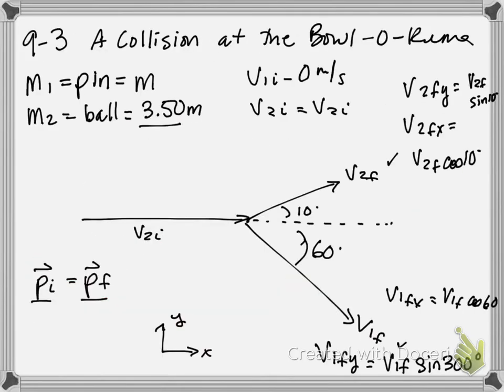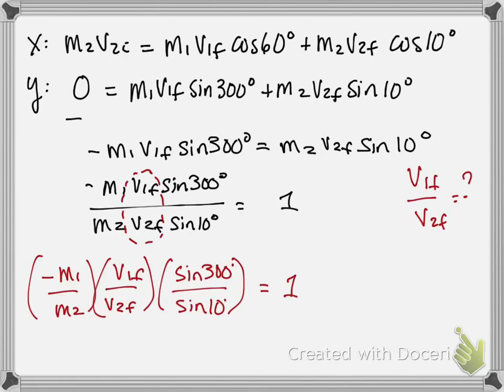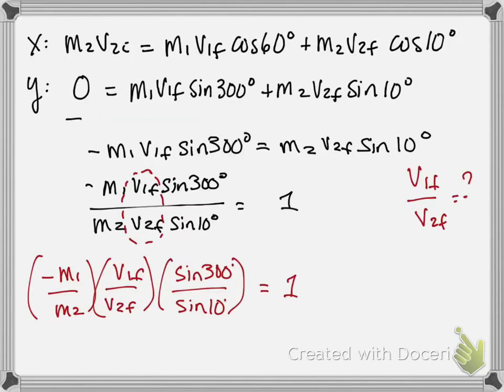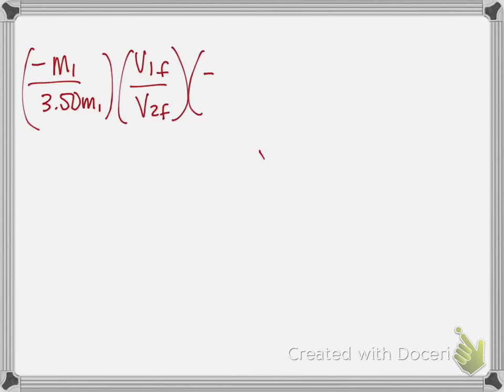I apologize. All right, since M2 is 3.5 times M1, this first term can be negative M1 over 3.5 M1, that's my first fraction, times V1F over V2F, which is again what I'm most interested in. Then I can do sine 300 over sine 10, which gives me almost exactly negative 5.